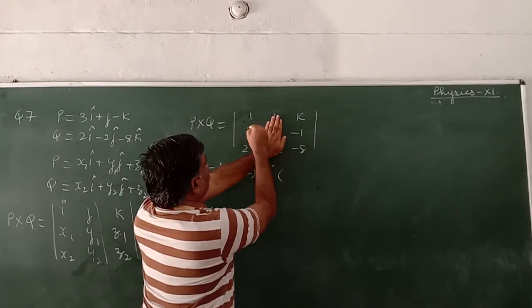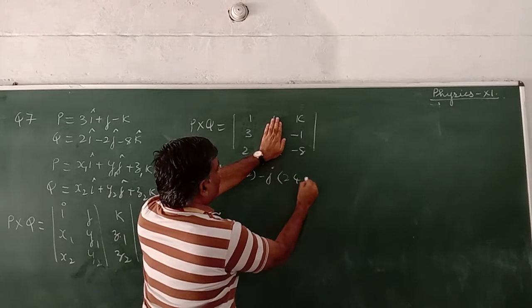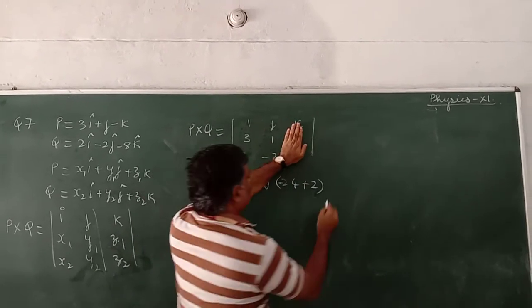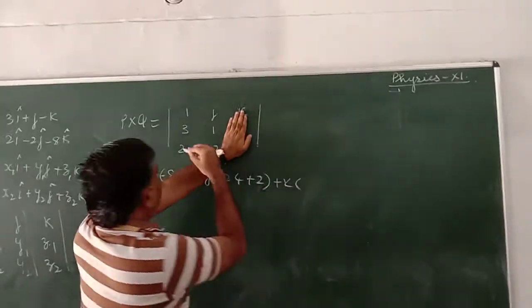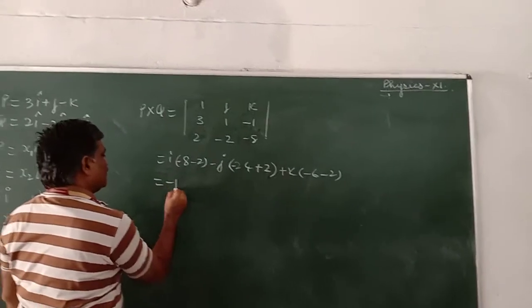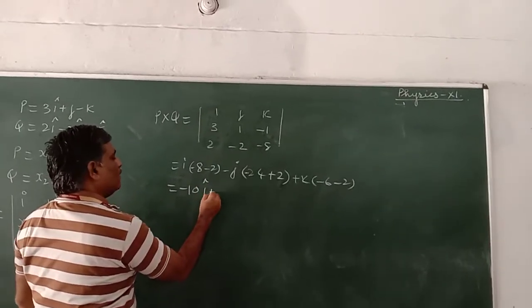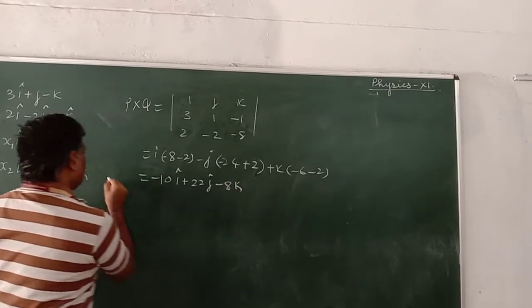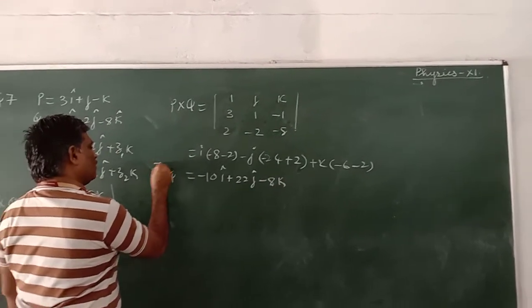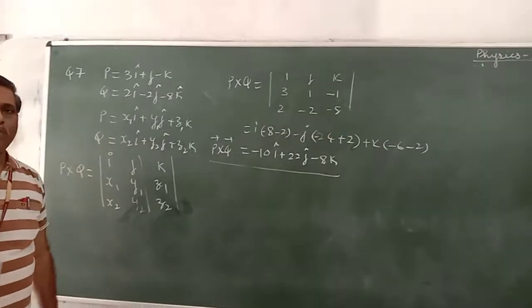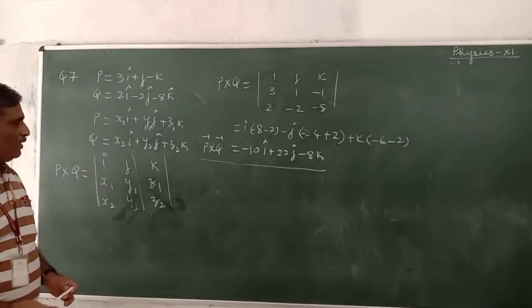Block this. Minus 24 plus 2. Block this one, plus k. This is minus 6 minus 2. We get it as minus 10i plus 22j minus 8k, which is equal to P cross Q. This is the way how we can find out P cross Q.